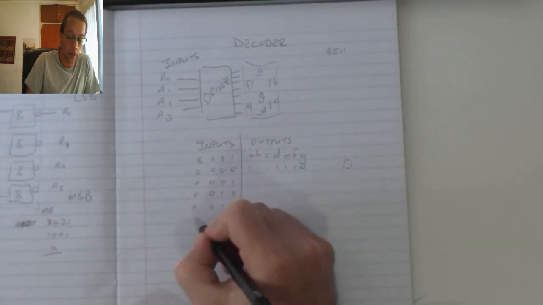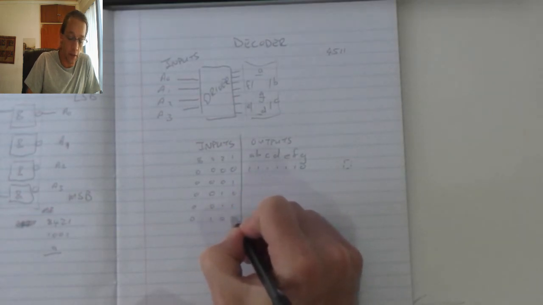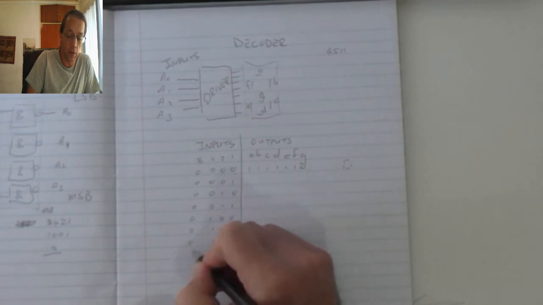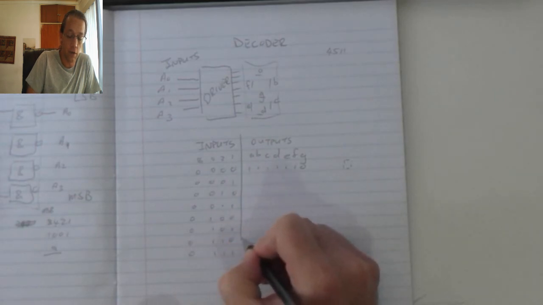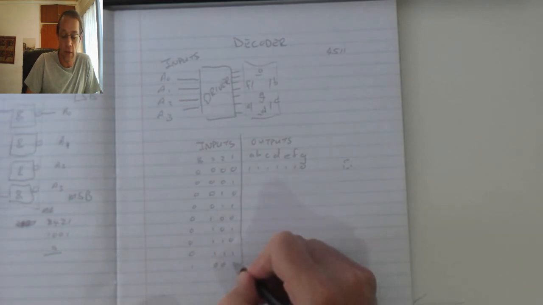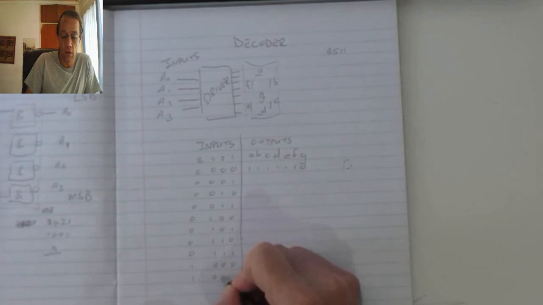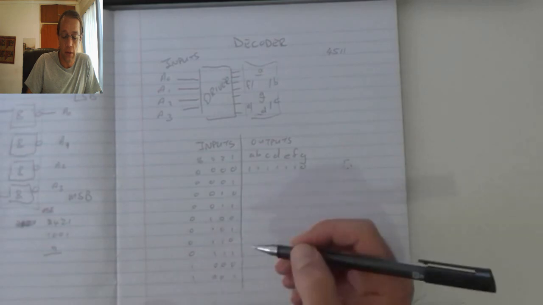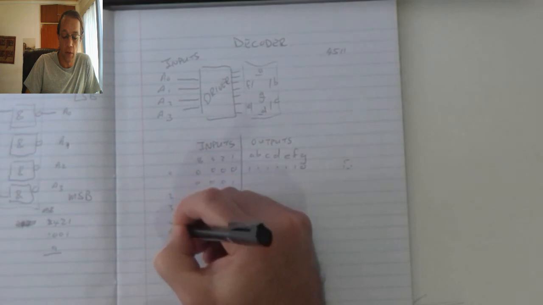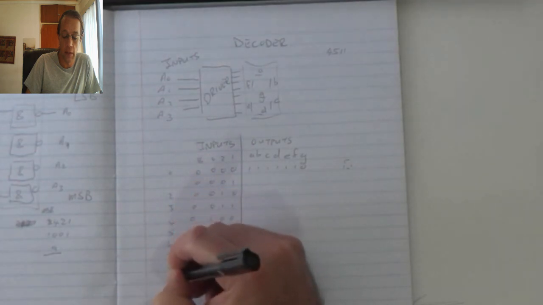Let's quickly just draw them. 1, 1, 1, 1, 0, 1, 1, 1, 0, 0, 1, 1. That's 0, 1, 2, 3, 4, 5, 6, 7, 8, 9.